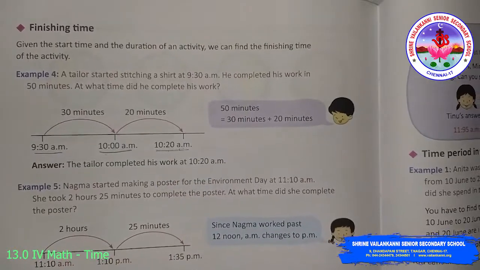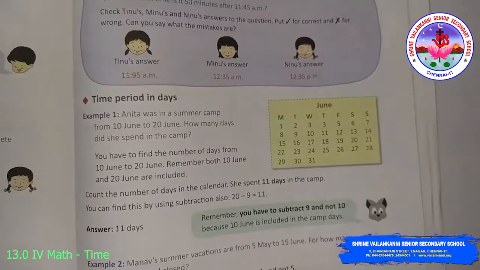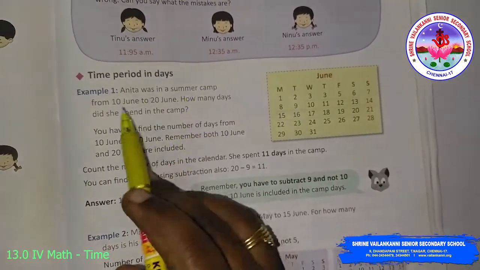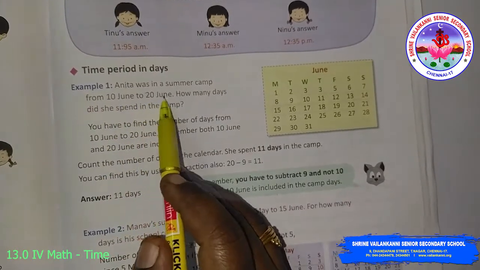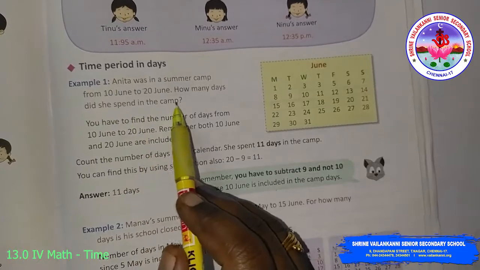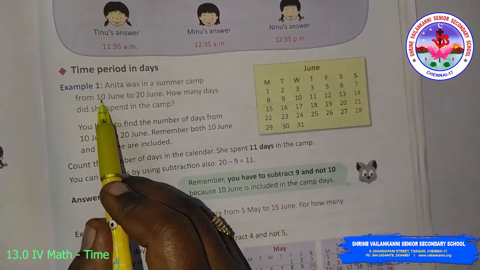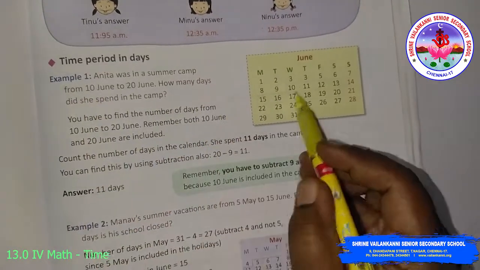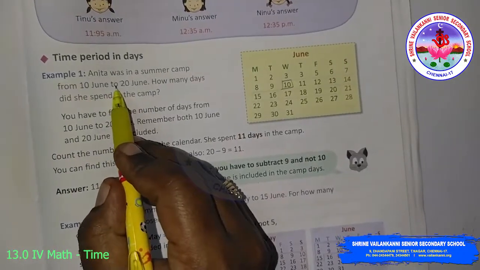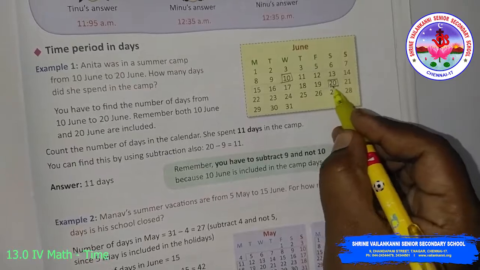So we'll see one more sum with time period in days. Anita was in a summer camp from 10th June to 20th June. How many days did she spend in the camp? See, the camp started on 10th June and was there until 20th June.